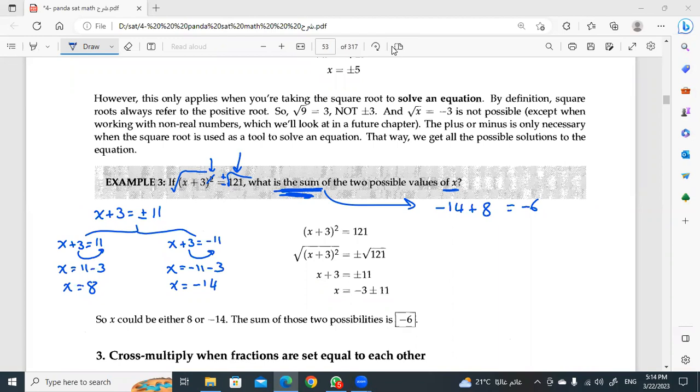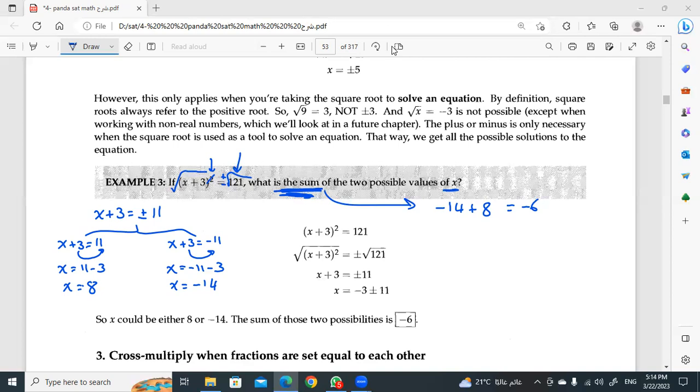Do you agree or disagree that (x plus 3) squared is a parabola? It's a quadratic equation, it's a parabola, right? X to the power of 2. When a power of 2 exists in an equation, it's a parabola, right?